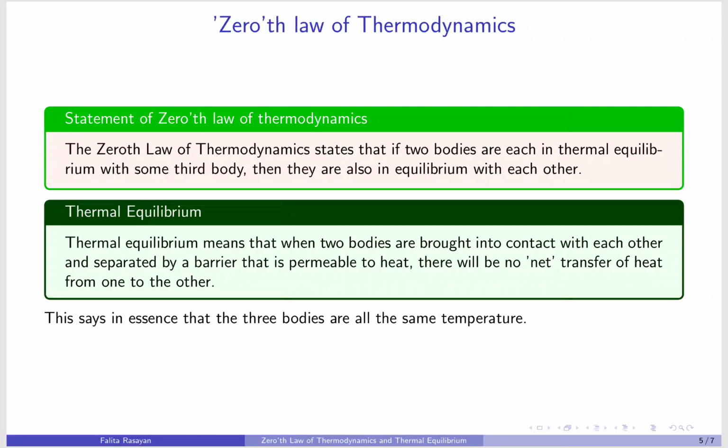So the zeroth law says, in essence, that the three bodies are all at the same temperature, and there is no net heat transfer from one body to another. Something needs to be understood here. How do we sense heat?